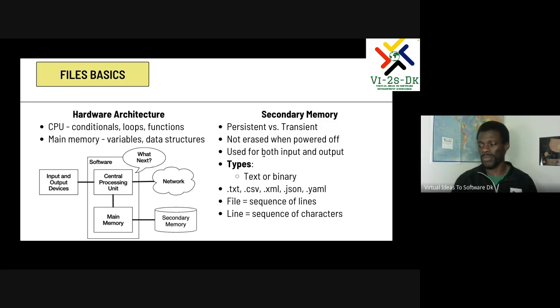So it's also useful for both input and output. You can use your file as an input, save it in a list, save it in a variable, save it in a dictionary. You can also use it as an output. Once you output it to that file and save it in your secondary memory, you can come back tomorrow and you can still see the output from your last file. So think about video games.